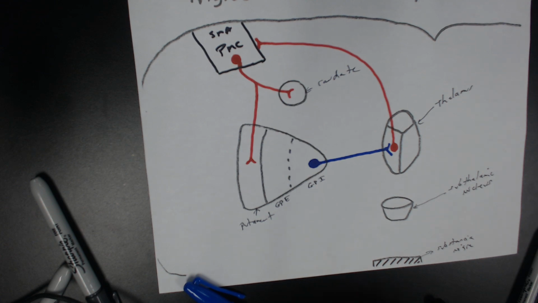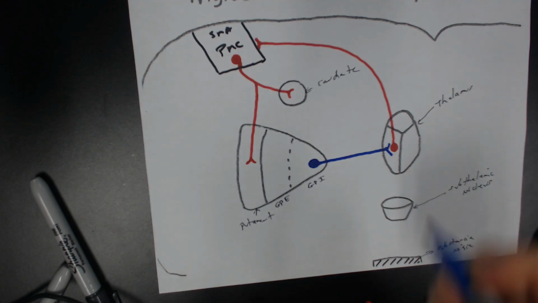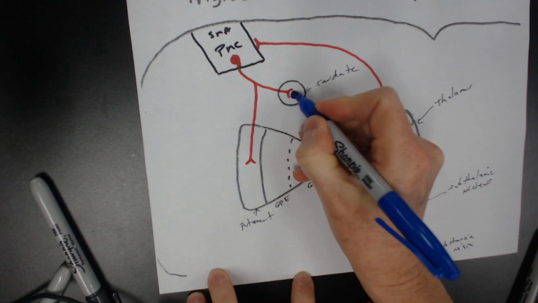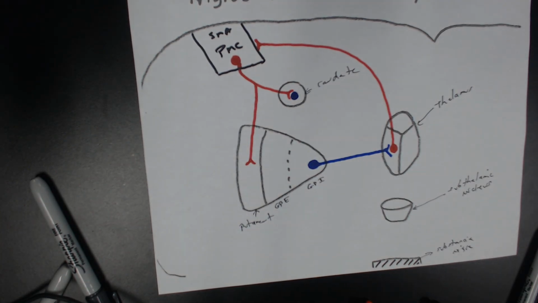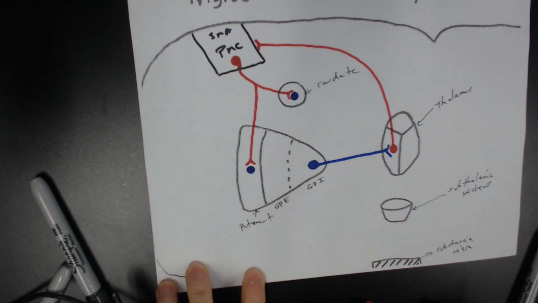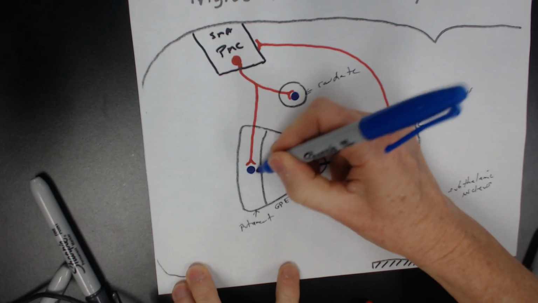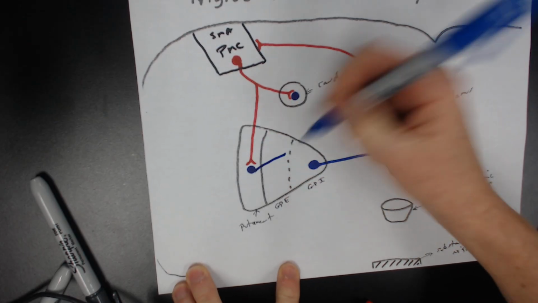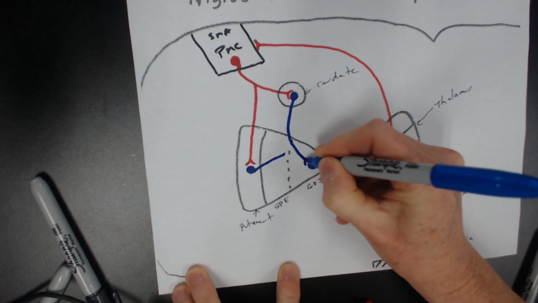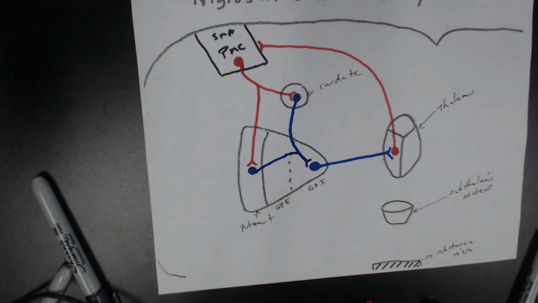Okay, so what happens is there's another neuronal cell body here in the caudate that it makes contact with. Okay, and there's also one in the putamen. Okay, and these collectively from the striatum make a connection with that neuronal cell body in the GPI.